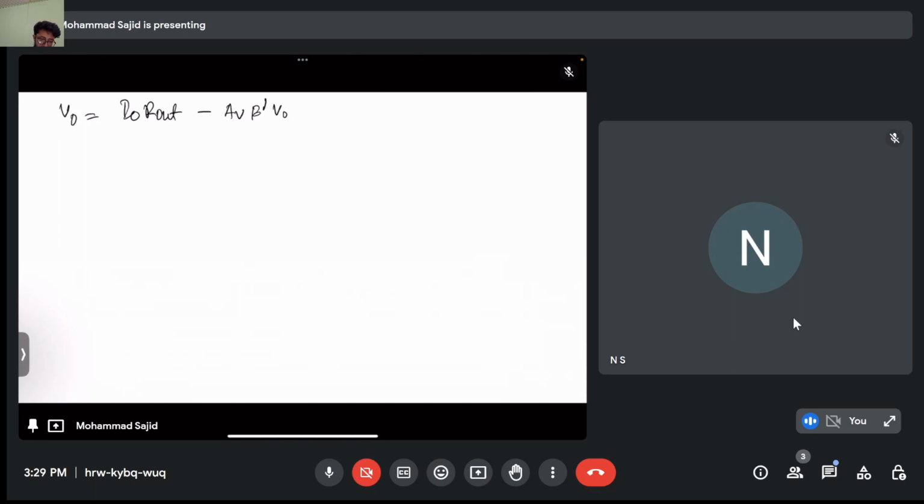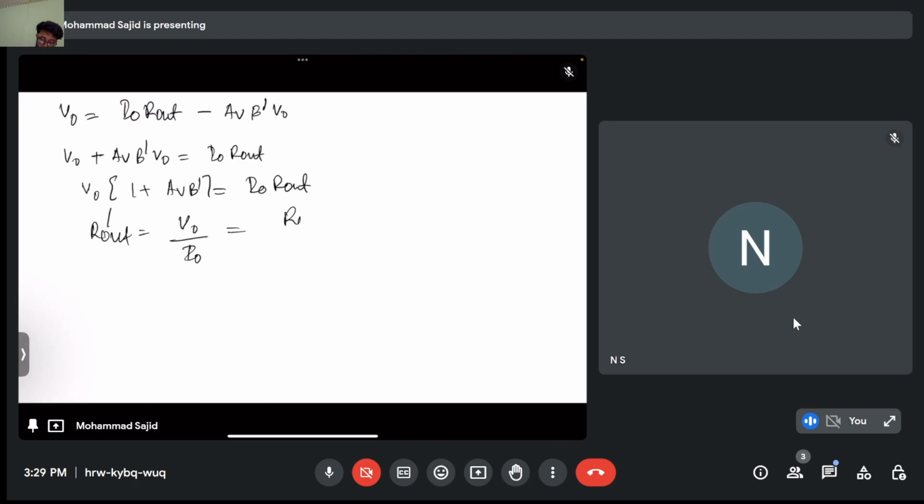So it will be beta dash, not beta, plus, taking V naught common, beta dash V naught. Now my output resistance, that is R out dash, will be simply V naught by I naught. That will be equivalent to, we have to transpose it here, R out over 1 plus A_V beta dash, right?